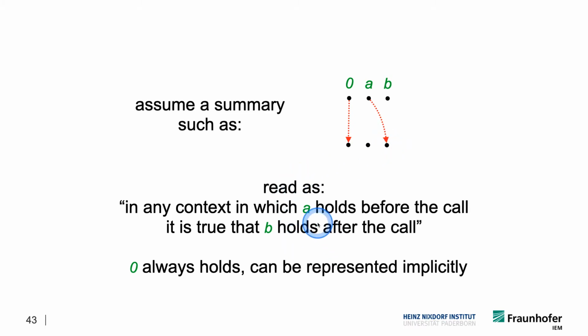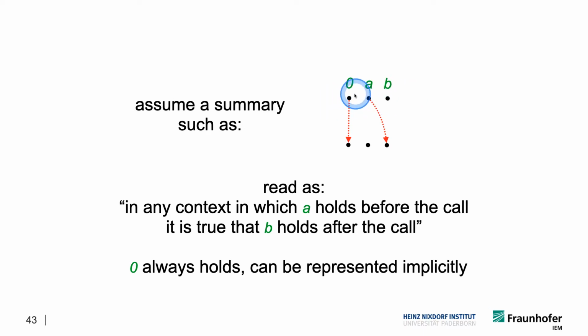Or more generally, you will see that this summary is actually saying this: in any calling context, it doesn't matter which one in particular, but any calling context in which A holds before the call, in this calling context it's true that B holds after the call. Okay, so again, we have some implicit quantification over calling contexts here.